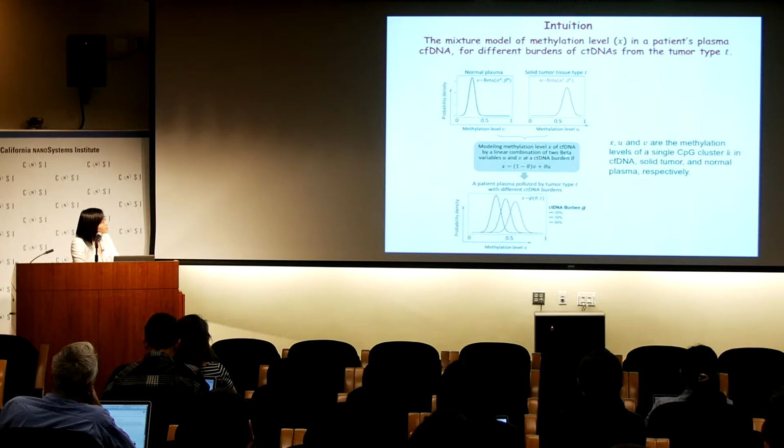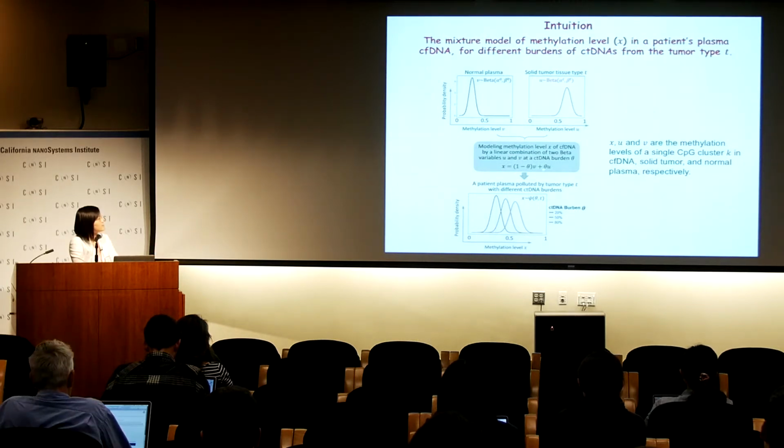Then the final methylation level is basically 1 minus theta multiplied by the normal plasma methylation level V, plus theta multiplied by tumor type T's methylation level at this CpG site U. And when theta's value is different, you get a different distribution, right? The goal is that, given this distribution, we try to deconvolute it into this and that distribution.